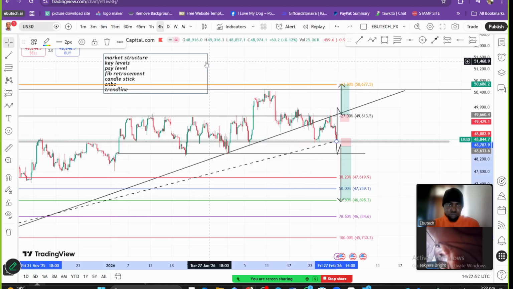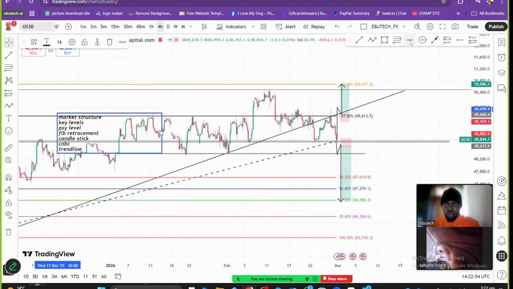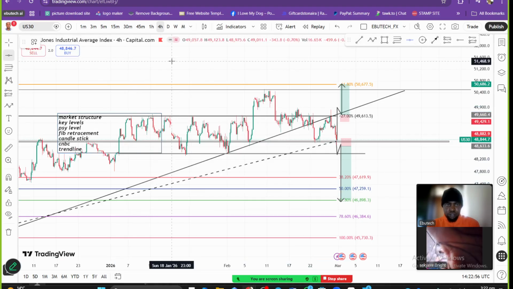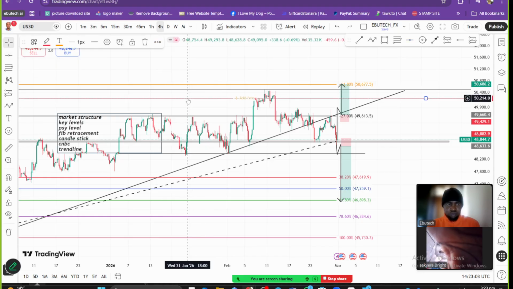The easier way to identify it: let's take for instance, you bring out this horizontal line, right?